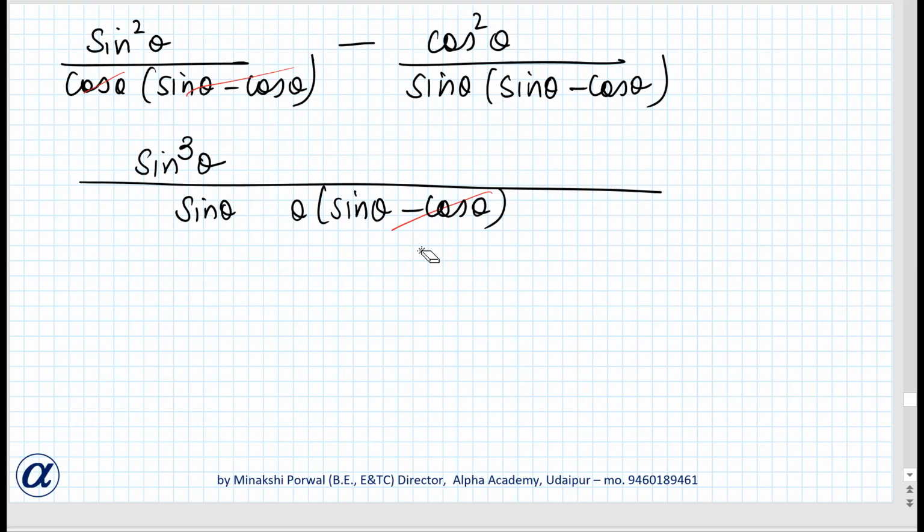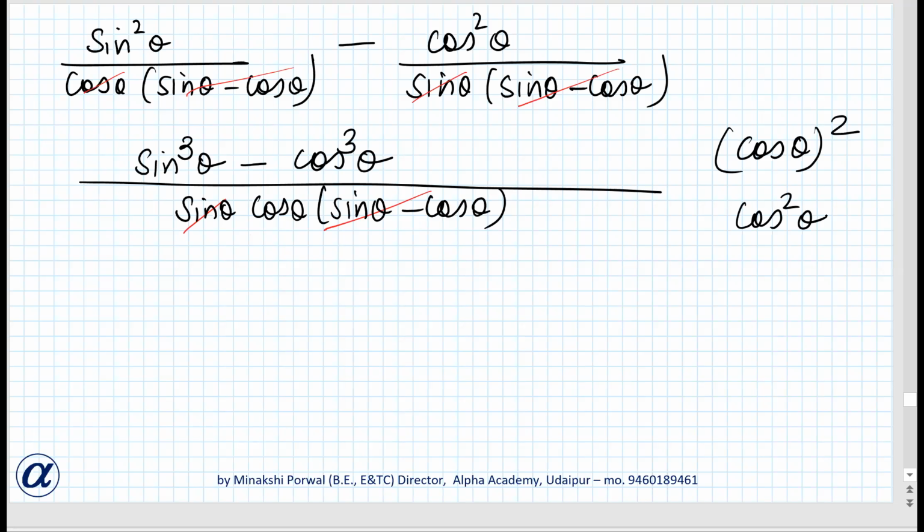Similarly, here we have sin theta, sin theta, sin theta minus cos theta. What is not there? Cos theta. So cos theta should be multiplied there. So it will become this way. Basically, cos theta the whole square, we write it as cos square theta, and sin theta the whole cube.